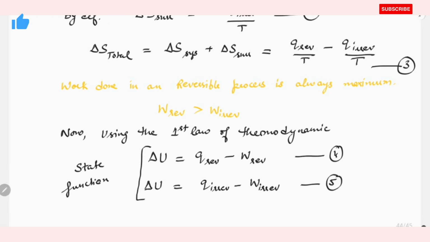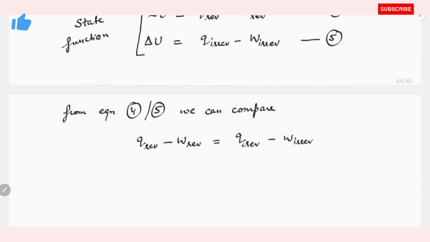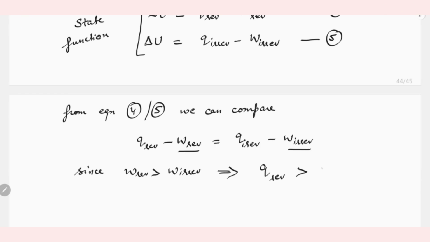And from equation 3 we know that work done in case of reversible process is always higher than irreversible. Therefore, since work reversible is greater than work irreversible, this implies heat exchange in the reversible process must be greater than that of irreversible.